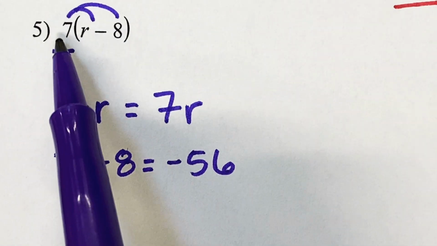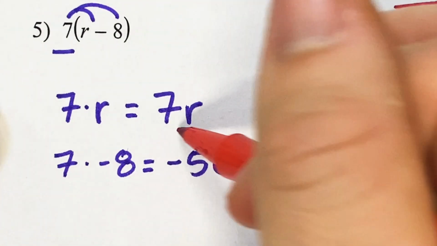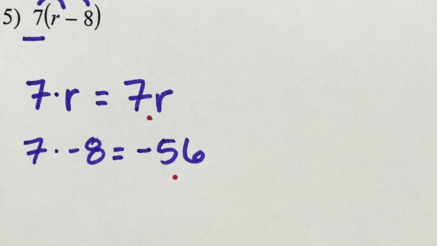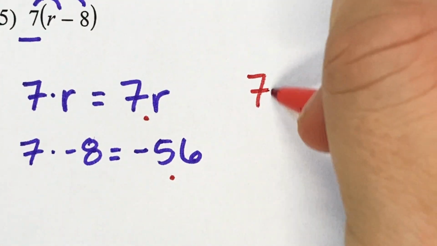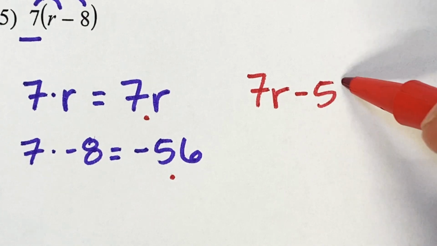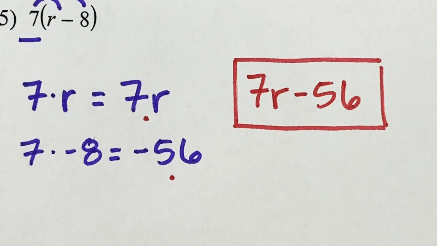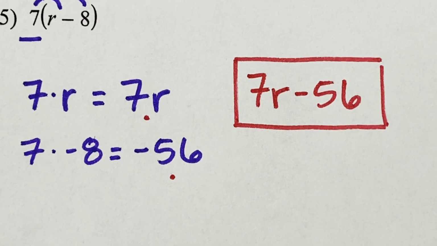So we distributed. Now, just like on the ones before, we have the pieces of our expression, so write them together. Our final simplified expression is 7r minus 56.